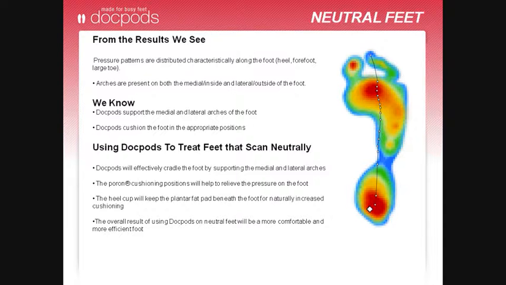So using our inner soles to treat neutral feet, you'll effectively cradle the inside and outside arches of the foot without overcorrecting. The soft pour-on will cushion the high impact areas of the foot. The deep heel cup will also keep the foot's natural fatty pad beneath the heel to further enhance cushioning. So the overall result of using our inner soles on a neutral foot will be a more comfortable and more efficiently functioning foot.